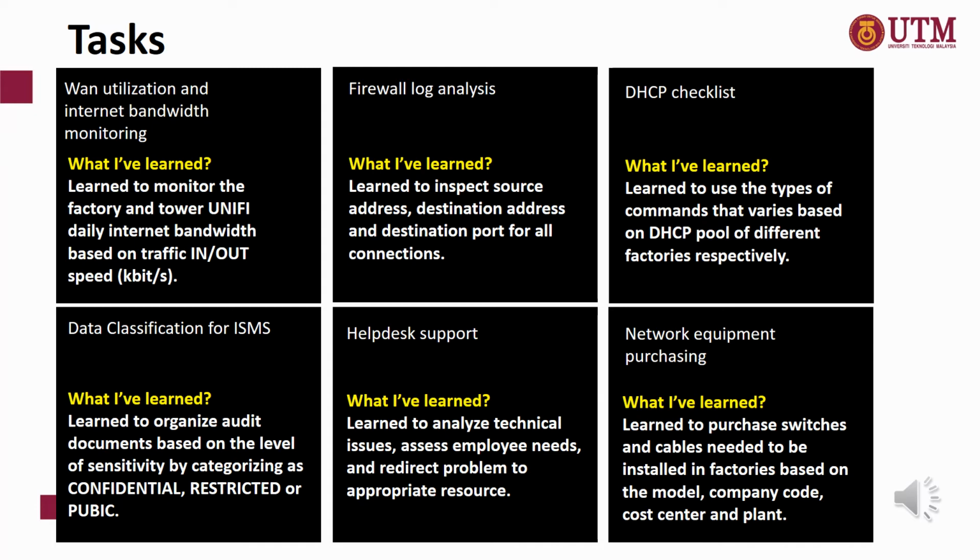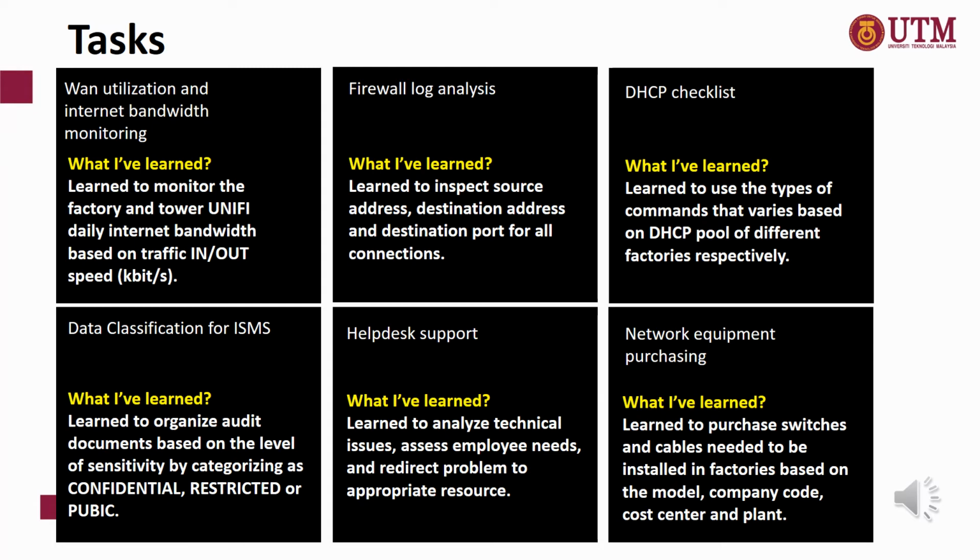From this task, I learned to analyze the technical issues that occur in the company, assess employees' needs, and redirect critical issues to appropriate resources. Apart from that, I was always asked to do network equipment purchasing.